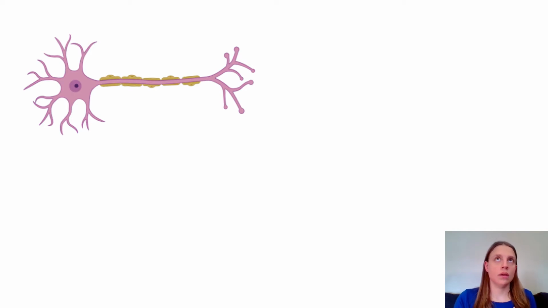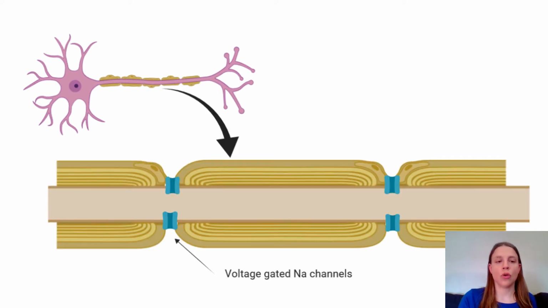So why does this matter, and how does this cause anything to happen in your body? Here you see you have a myelinated nerve. The axon is covered with the myelin sheath. In between those little myelin sheaths, there are voltage-gated sodium channels.